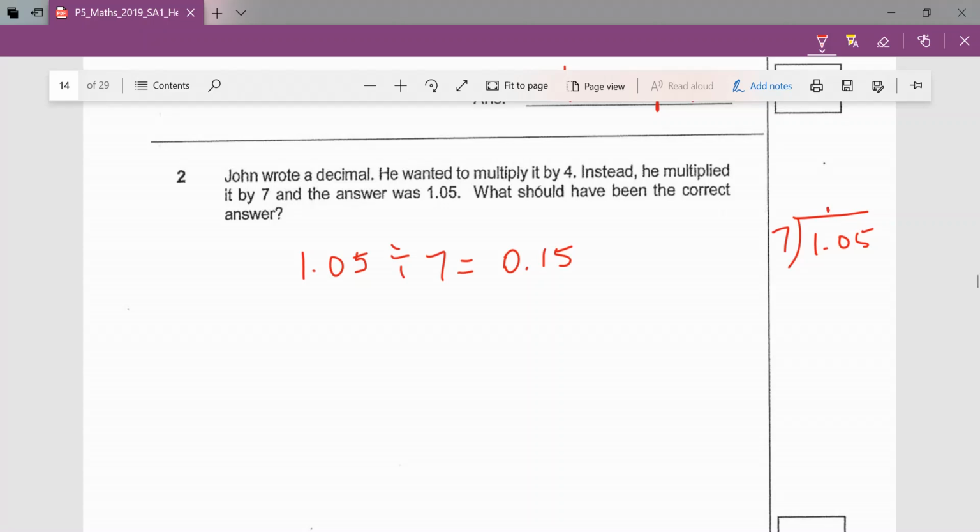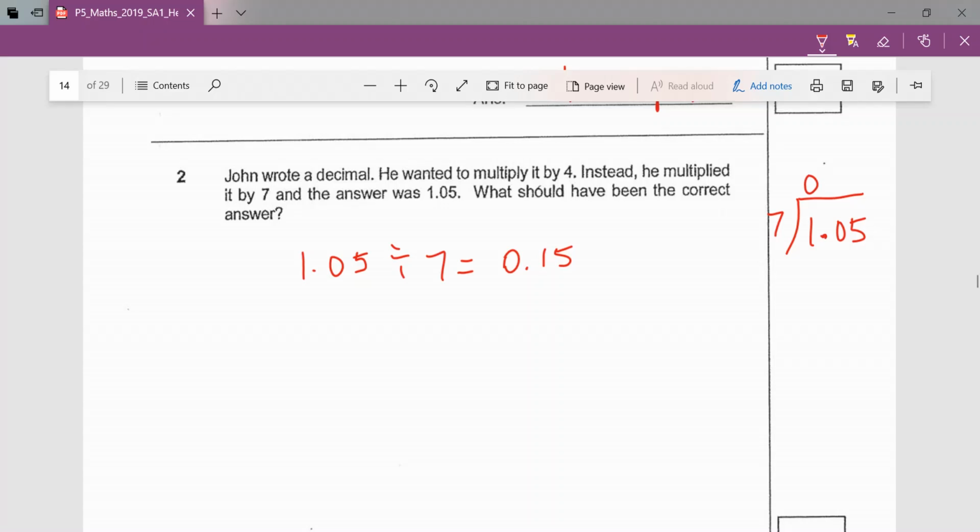Because there's a dot here, you bring the dot up. You read this as a 10, okay? You minus a 10. If you want to see the working here, this is a shortcut method. I'm just going to write the 1.05 here, divide by the 7. Okay, 1 is too small to be divided by 7, so it's going to be a 0.